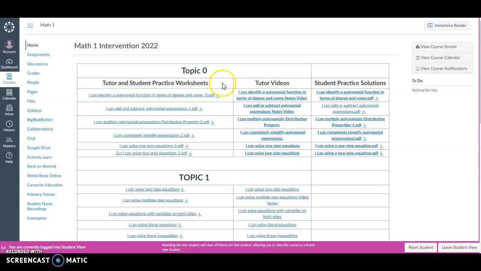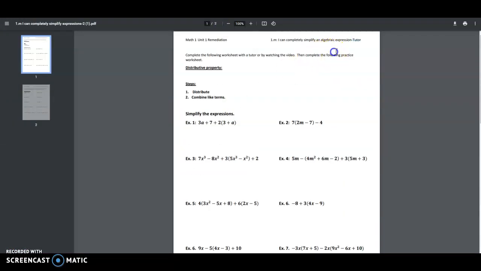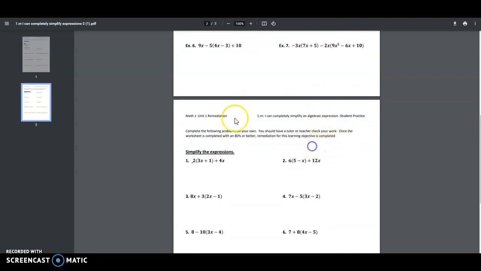for each topic. So if you're going to work independently on your own at home, what you would do is open your binder and go to this tutor worksheet. Now notice here, you have a tutor worksheet and a student practice worksheet.